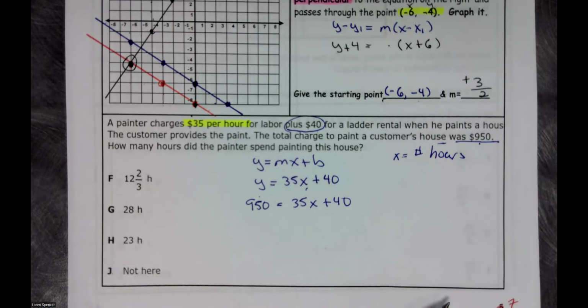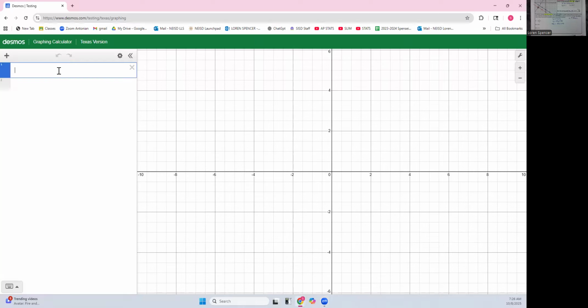So that's where I'm going to head to. I'm going to just type in the equation we had, which was y equals 35x plus 40. Okay, it didn't do anything for me. I press enter and it gives me a line. But I need to plug in the number 950.